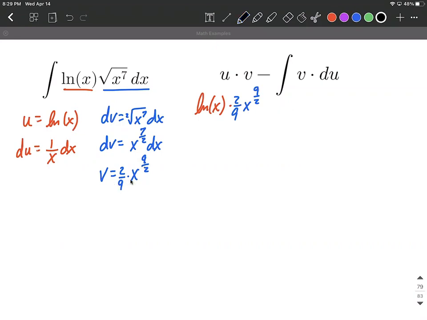And then from that, we're supposed to subtract the integral of, again, I'm going to replace v with this. However, that 2/9, I'm going to go ahead and put out in front because constants can come out in front of integral symbols. And then x to the 9/2 multiplied by, we're supposed to plug in du at the end. Well, du, you can see over here, is 1 over x dx.